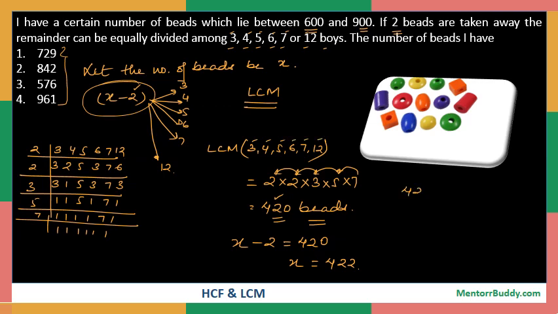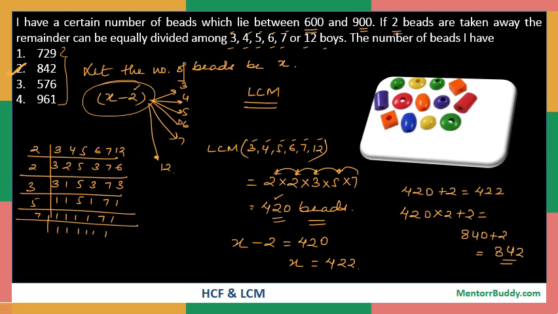So if 422 is not in the answer, I can simply multiply 420 by 2 and then add 2 beads to it. This gives me 840 plus 2, and therefore I get 842 beads, which is available in the options, and that makes it my answer.